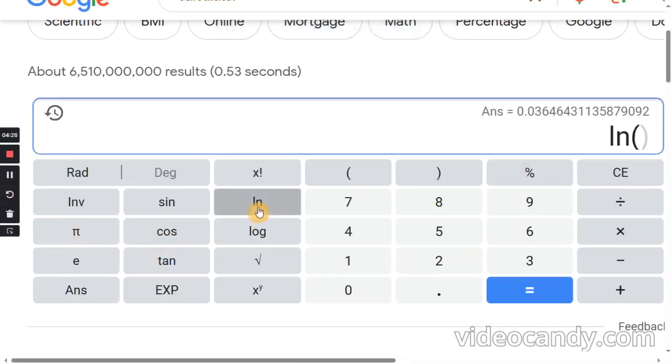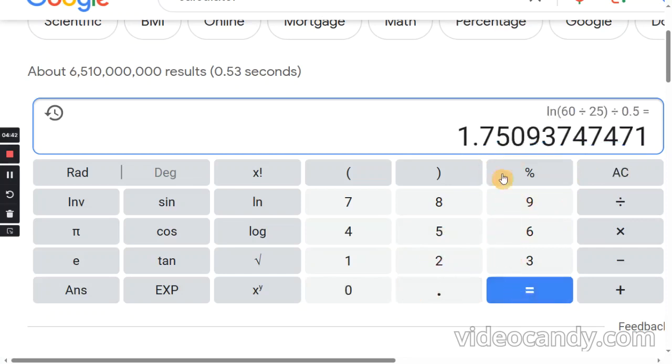All right, ln of 60 over 25, close parentheses, divided by 0.5. Which really is the same thing as times 2. Anyhow, hit equals, and rounding off, 1.751.